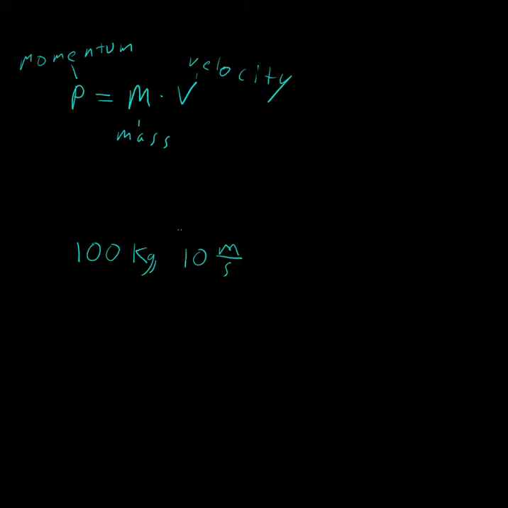Well, all we would have to do is take the mass, multiply it by our velocity, and we'll get our momentum. So P equals 10 meters per second times 100 kilograms, and that will give us 1,000, a momentum of 1,000.